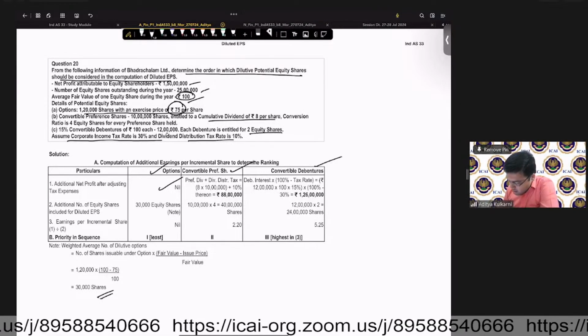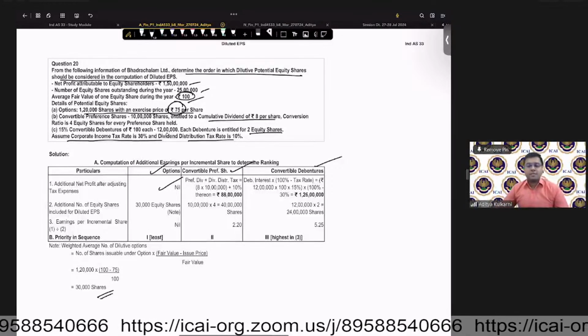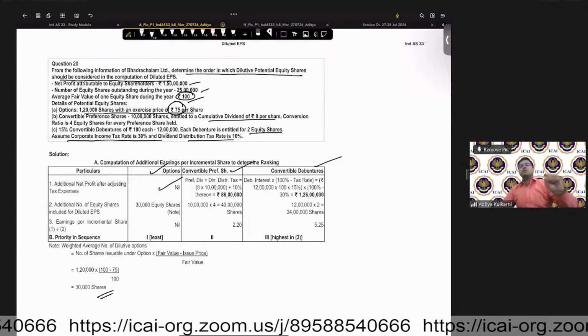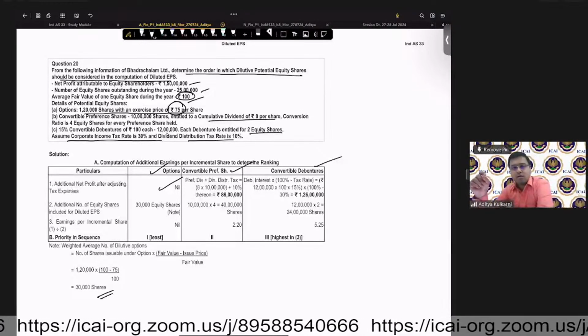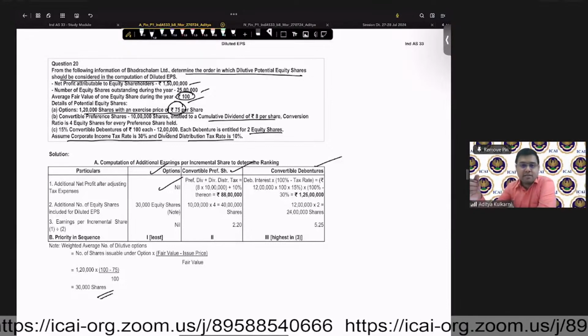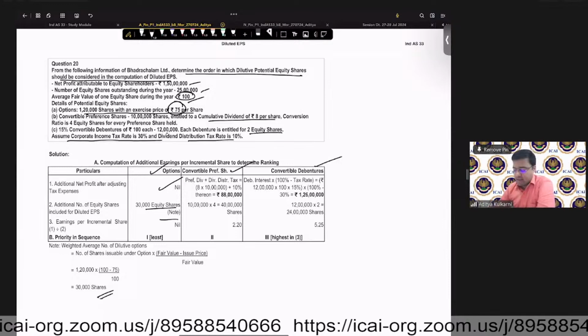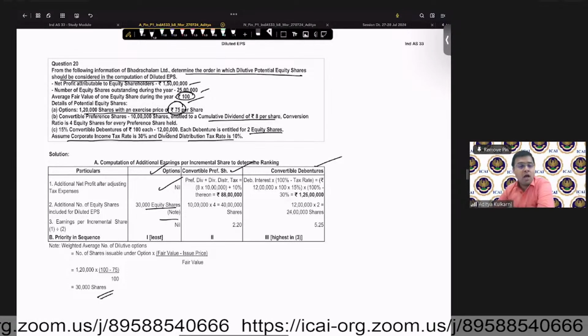Why? Because for 1,20,000 shares they are willingly paying 75 rupees per share, but the market price is 100. So the difference is 25, which becomes your additional shares for which no consideration will come through. So that is 30,000 equity shares. Are we okay with this?